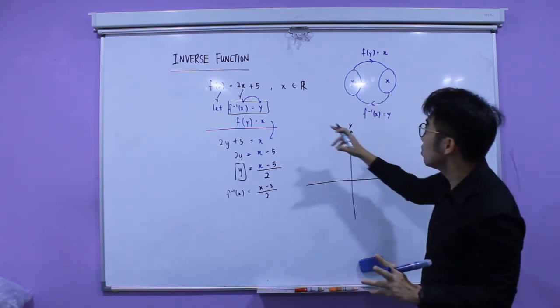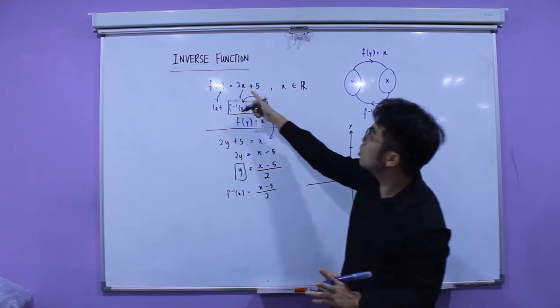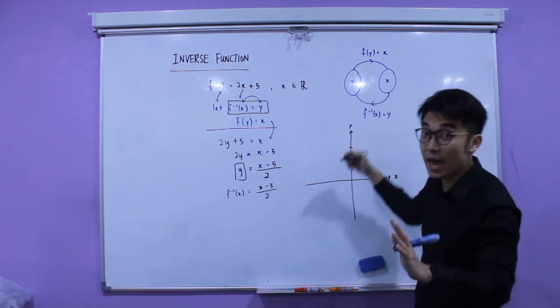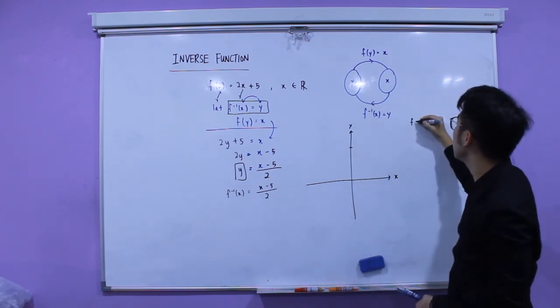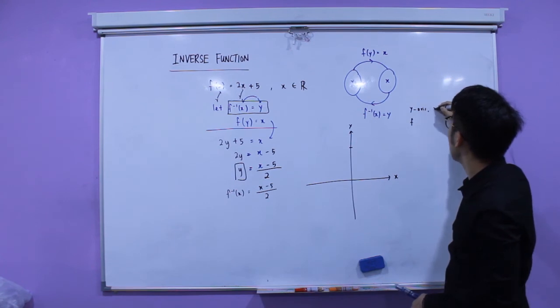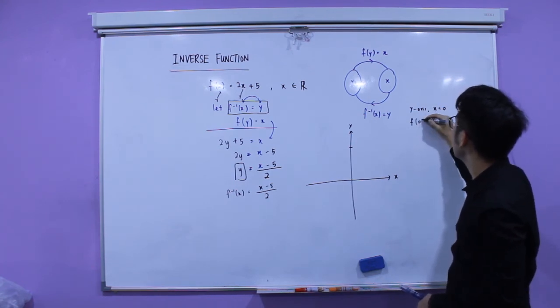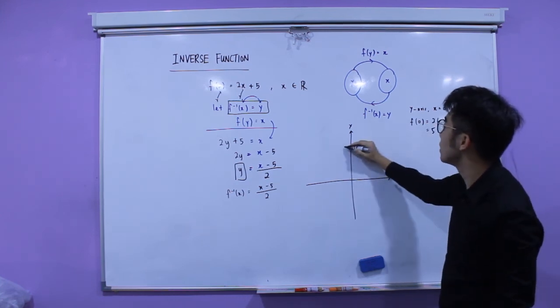On the y-axis, x must be 0. So f(0) equals 2(0) plus 5, so it's 5. So I know there's one point here.